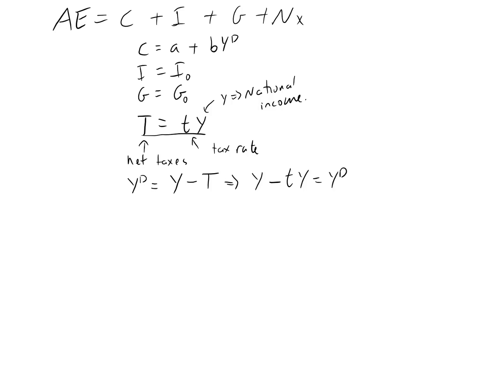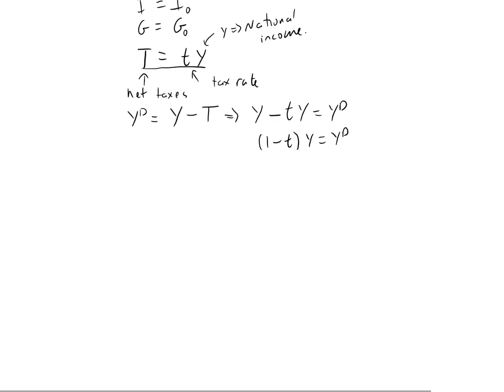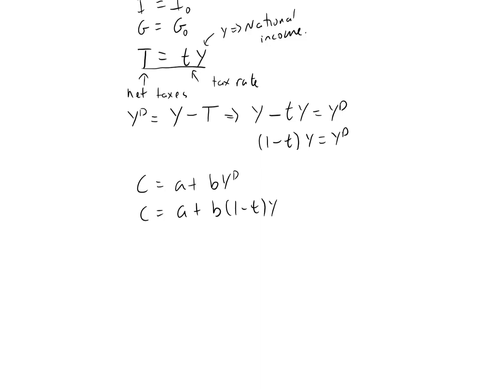Now we can collect these terms, and we have 1 minus t times y equals yd. So our consumption function, which used to be a plus b times yd, now equals a plus b times 1 minus t times y.